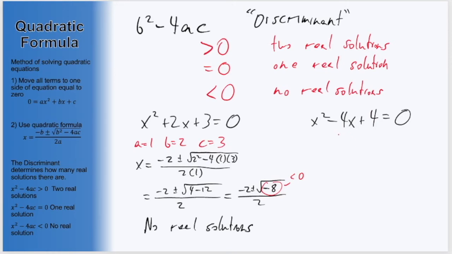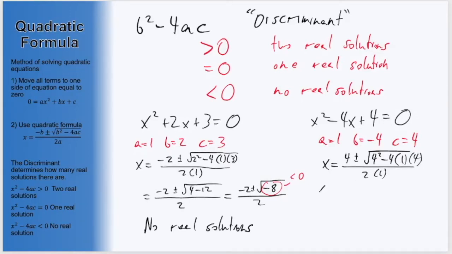Meanwhile, for our example on the right here, a is 1, b is equal to negative 4, and c is equal to 4. So plugging this into our quadratic formula, we get x equals negative 4 is just 4, plus or minus the square root of 4 squared minus 4 times 1 times 4 all over 2 times 1. This ends up giving us 4 plus or minus the square root of 4 squared, which is 16, minus 4 times 1 times 4, which is minus 16, all over 2.